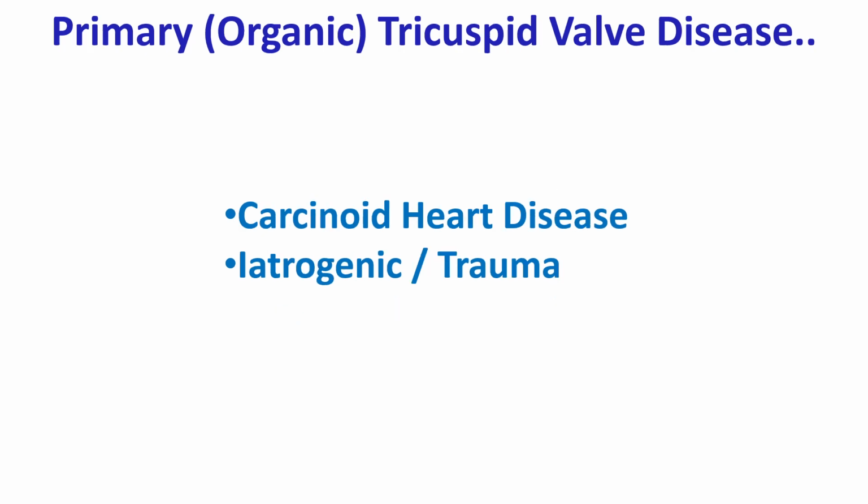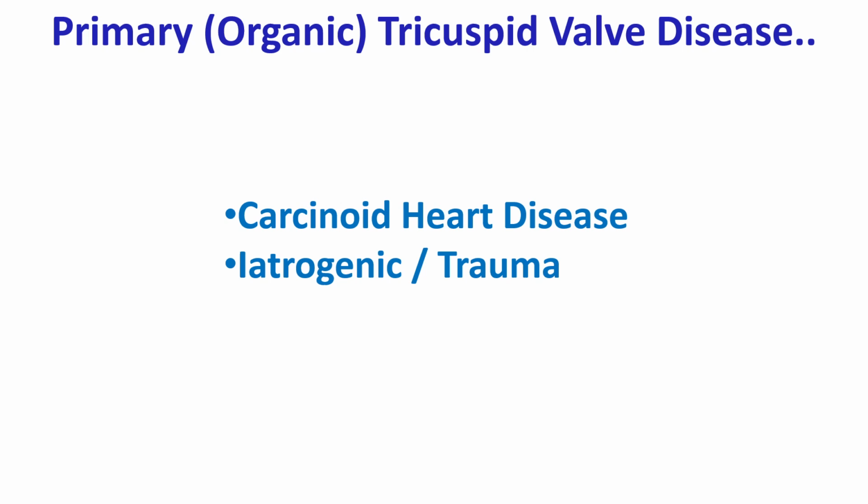Carcinoid heart disease, a unique paraneoplastic manifestation of neuroendocrine tumors metastatic to the liver. Vasoactive substances such as serotonin cause the deposition of dense, pearly white fibrous plaques on the endocardial surfaces of the walls.